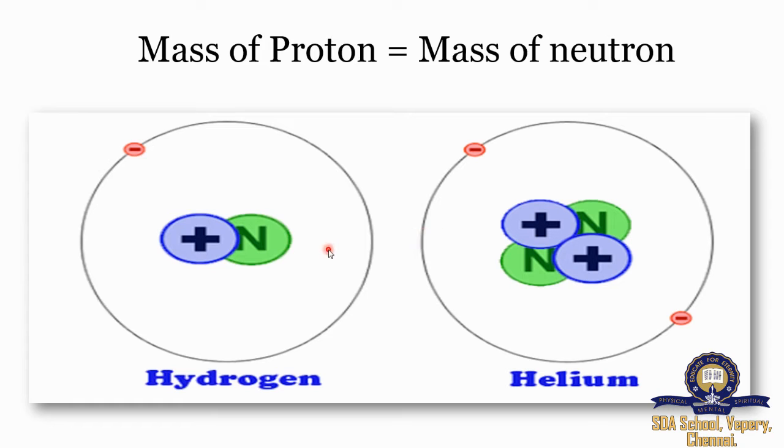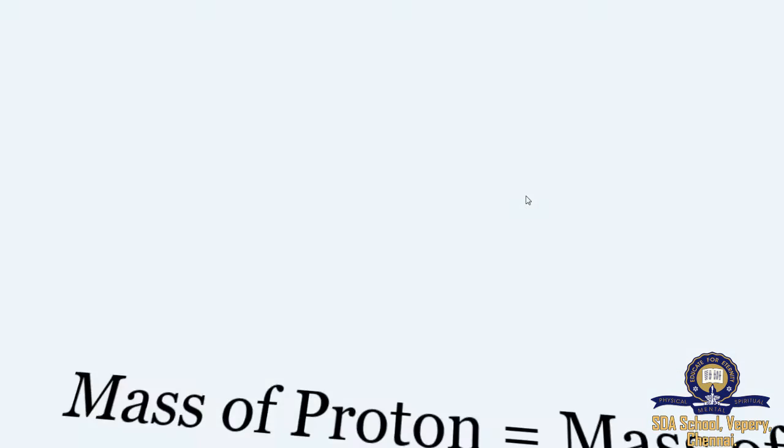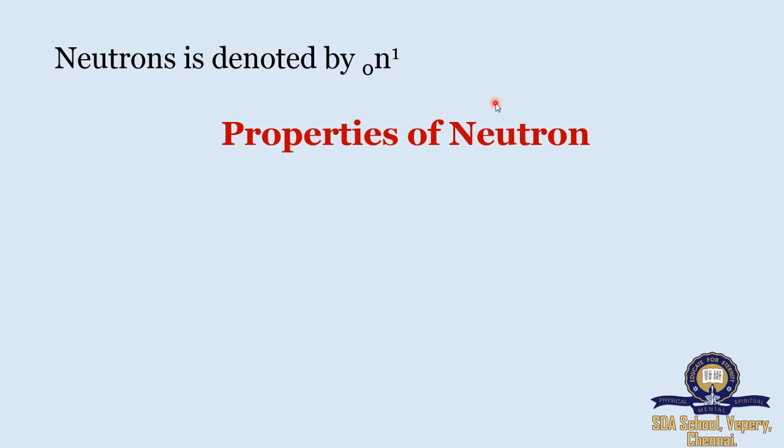Thus, this is how neutrons were discovered. The neutron is denoted by N with superscript 1 and subscript 0. The superscript 1 represents its mass, whereas the subscript 0 represents its electric charge.